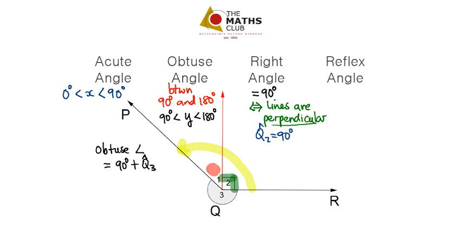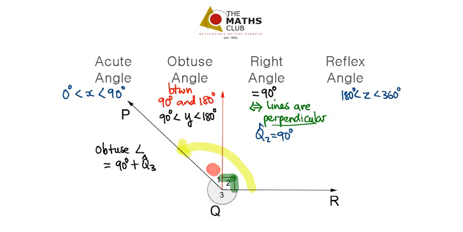Now the last one that we discuss is the reflex angle. Remember we said the acute angle is between 0 and 90, the obtuse angle is between 90 and 180, and 90 degrees is between perpendicular lines. Then a reflex angle is above 180 degrees. I'm going to call it Z, but it is less than 360 degrees.